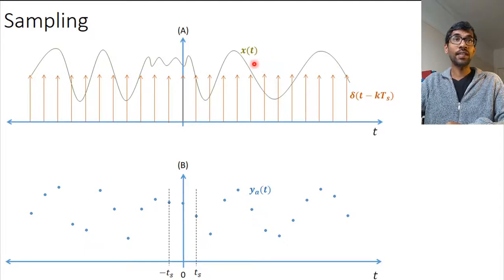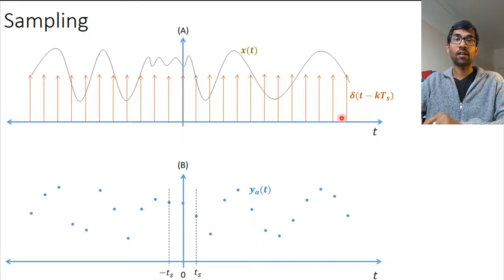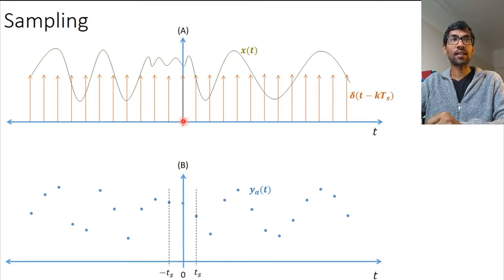I simply multiply my signal with an impulse train. Okay, a train of impulse signals or Dirac delta functions. And what is that? One way to think about that would be just to say that it's a value of 1 at a particular time instant and 0 everywhere else.